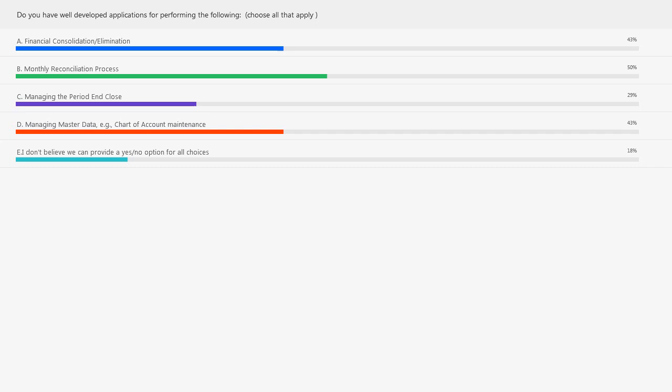And then managing master data, chart of account maintenance, 43%. So that's a pretty high number, which is great to know. And then 18% think that they can provide a yes or no option for those choices. So it's interesting that people say that.